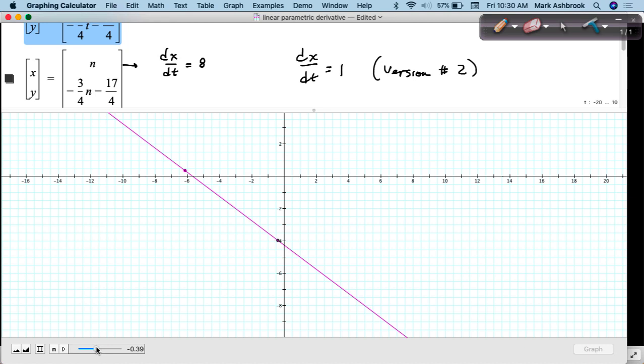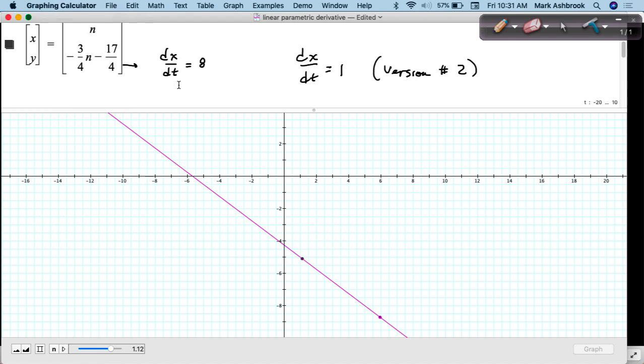So for a change in t, in the original version, the change in x is 8 times the change in t. And in the revised version, given a change in t, you just get a change of 1.